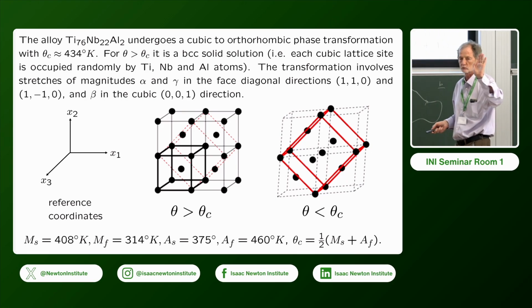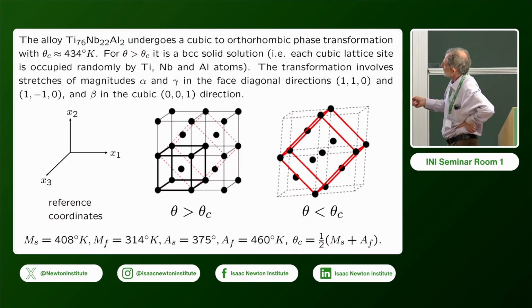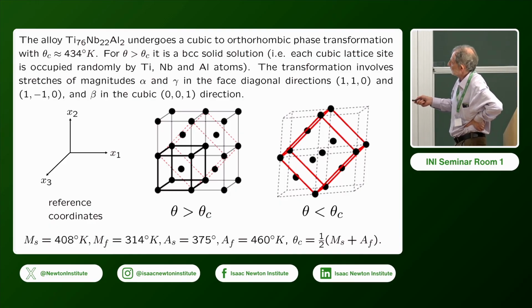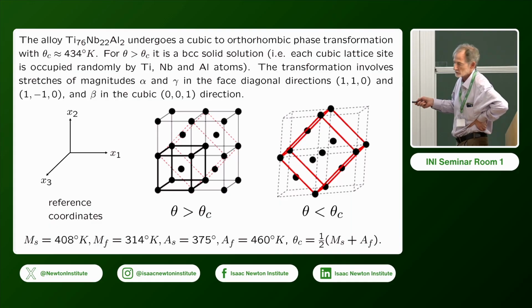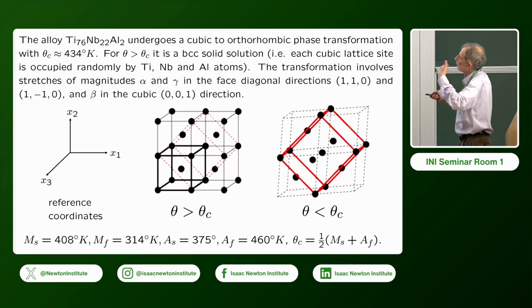The high temperature phase is called austenite. So you have to go lower than 434 to 408 before the martensite starts appearing. That's the martensite start temperature. Then you continue reducing the temperature, and only at 314 has it entirely transformed to martensite.